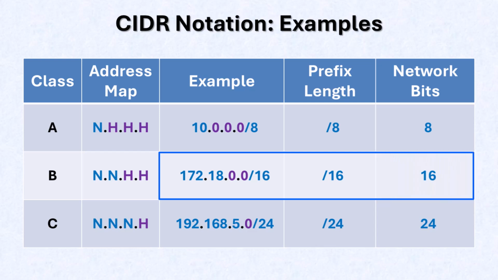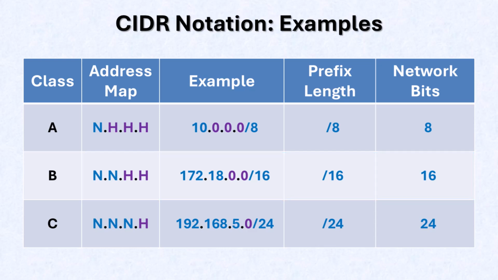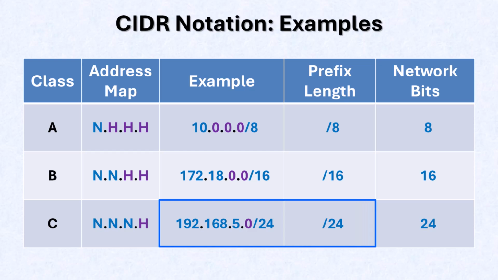This indicates there are 16 network bits in the network portion. And finally, in 192.168.5.0/24, the /24 is the prefix length. This indicates there are 24 network bits in the network portion.